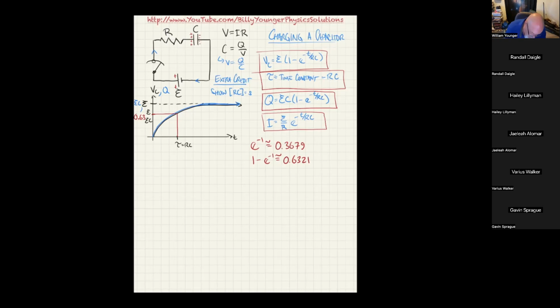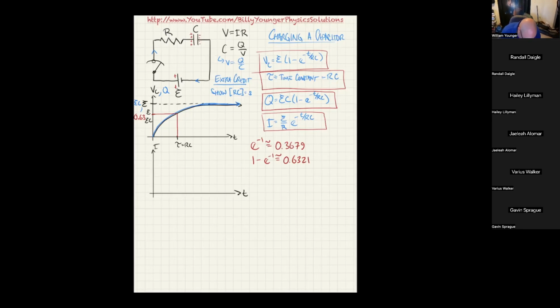Now, the other graph is the graph for I, and you probably know what that looks like, but I'm going to draw it anyway. So let's draw it here. This is t.